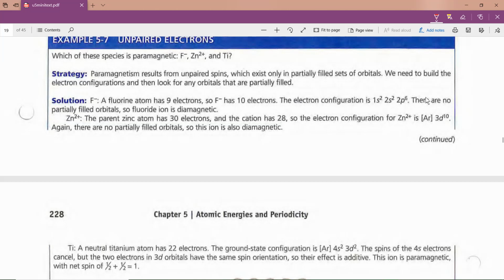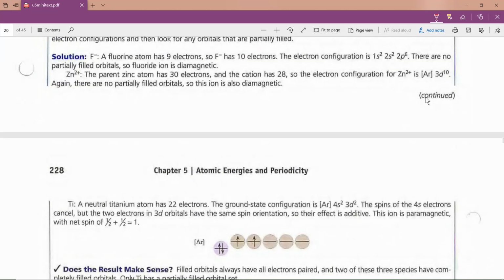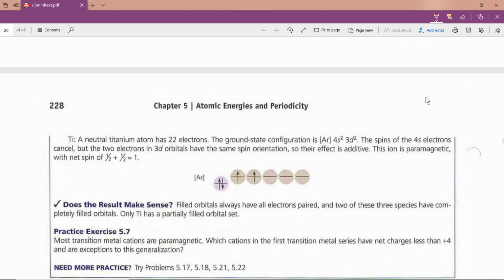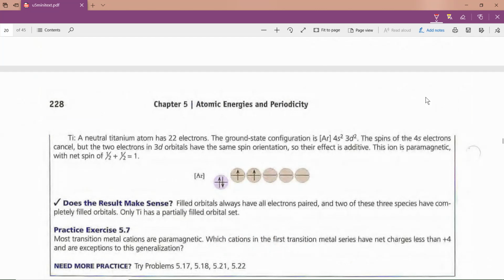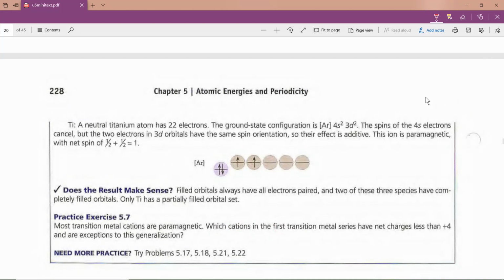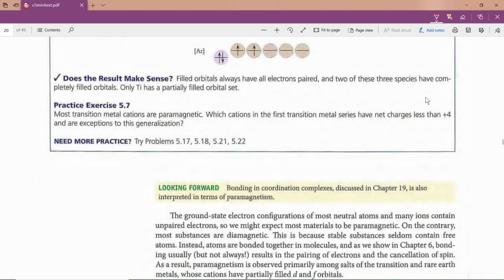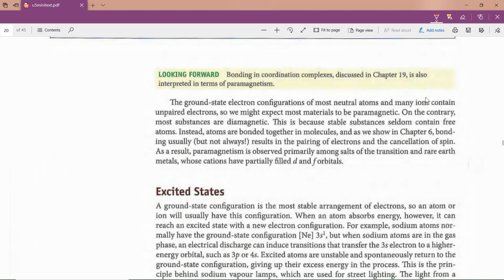So it's also diamagnetic. But titanium, you see that there are 2 unpaired electrons in the 3d subshell, so it is paramagnetic. Okay, then there are some practice questions to do with that.